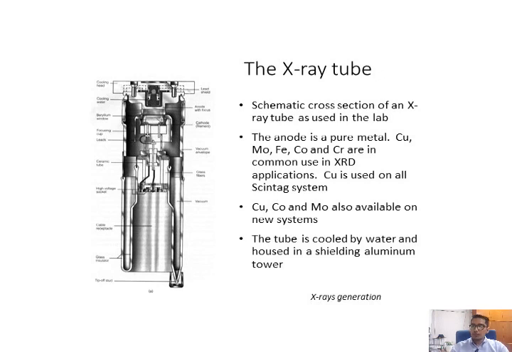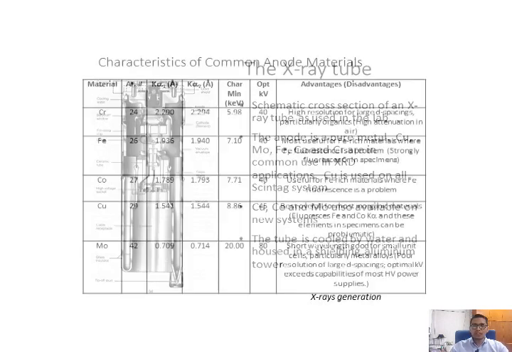In this system we have a cooling system, so that the heat that was generated due to the excitation of electron or electron production will be removed by the cooling system, so that it's not overheated.